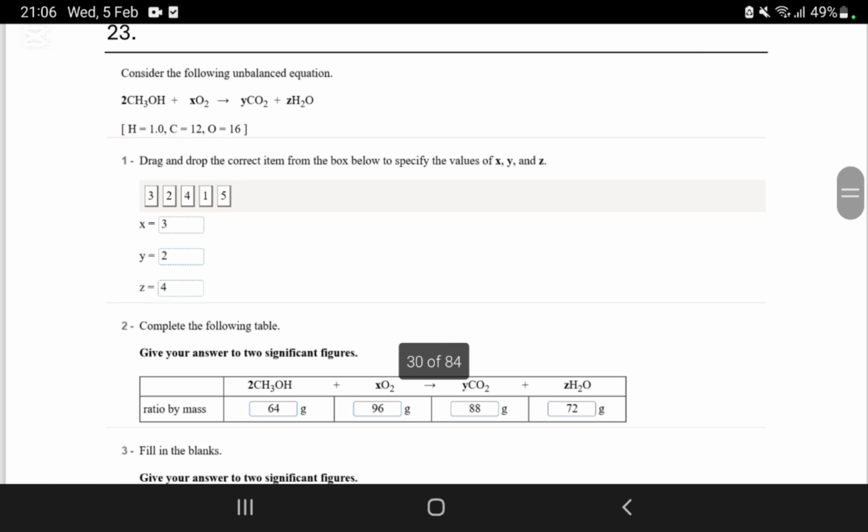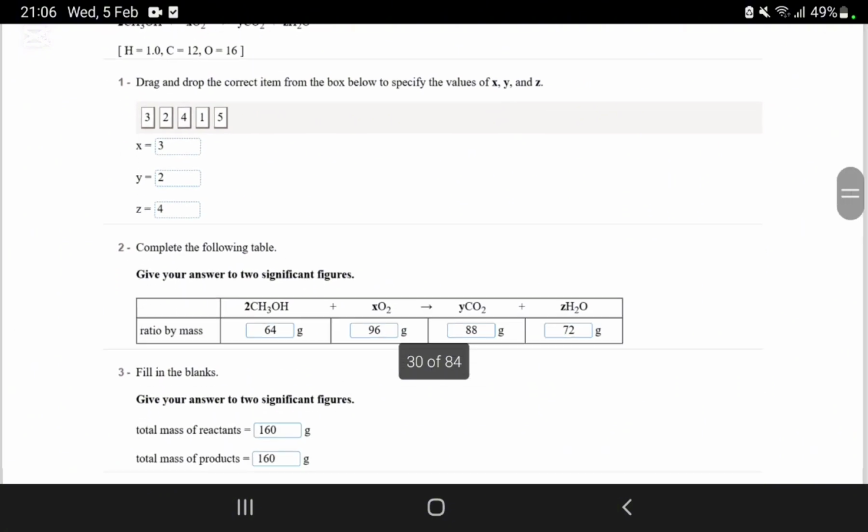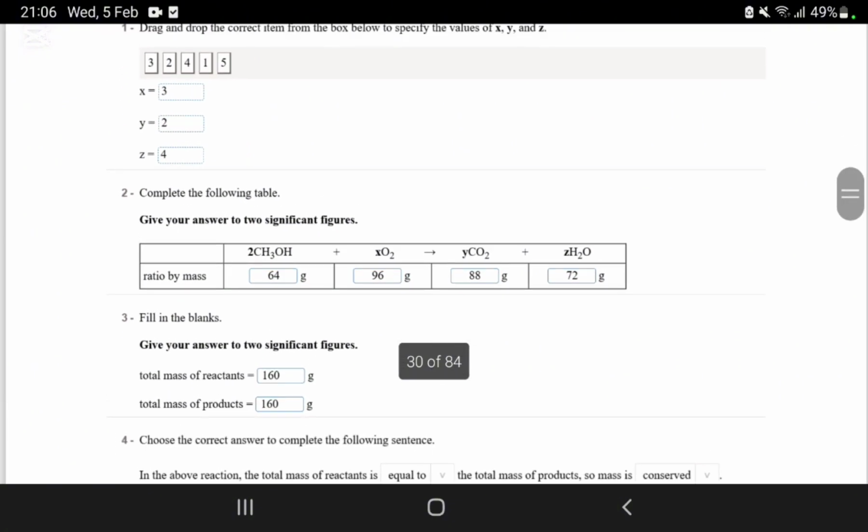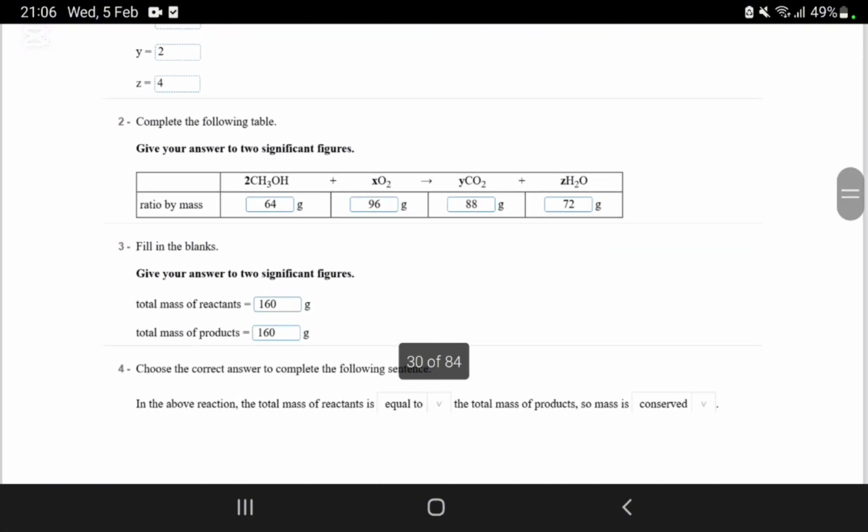For this one, you're gonna have to balance it and then just put it in there, and then for number 2, just find the mass by doing the moles or the coefficient times the molar mass.